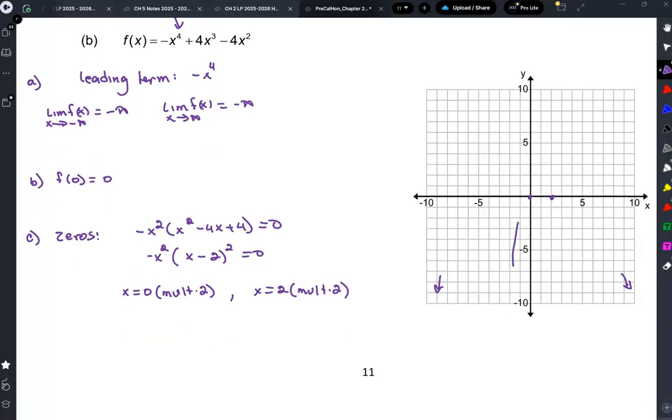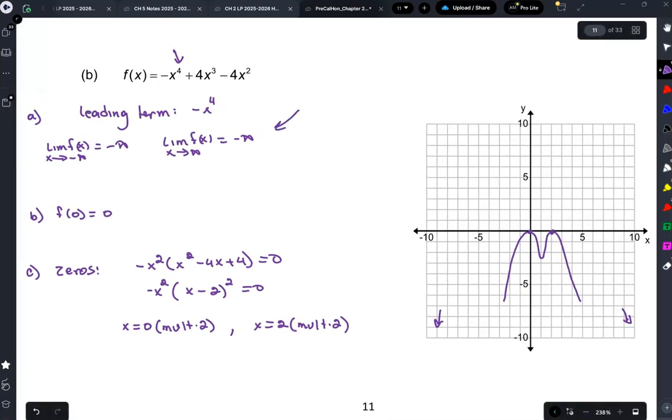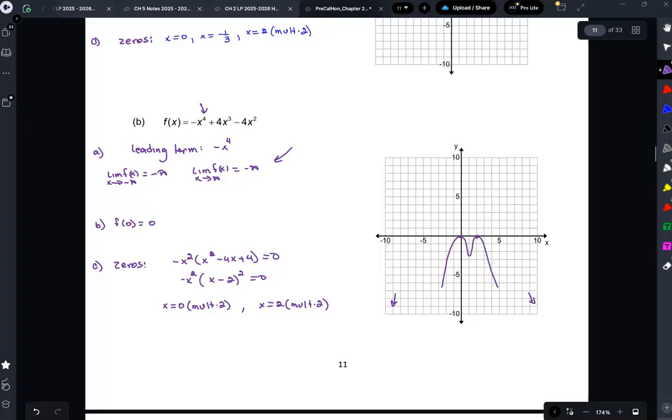So here, we're going to go up, turn, go up, turn, and go back down. See how cool that is? No corners, because this is a polynomial function. That's just a guide based on my end behavior, just so I know. It doesn't have to be there.